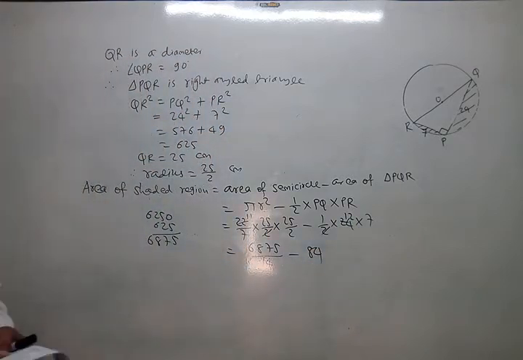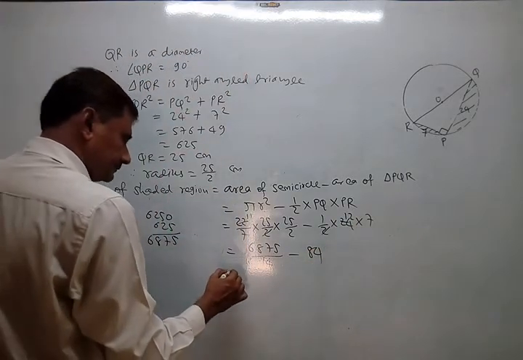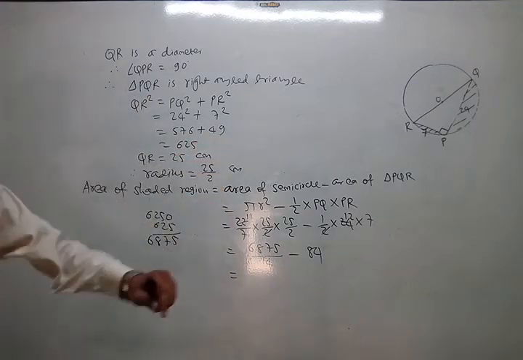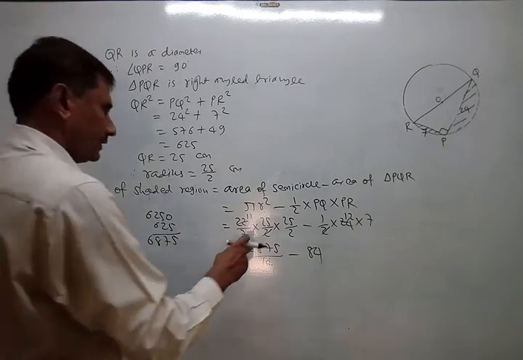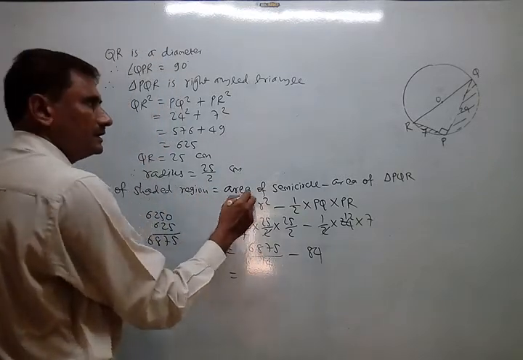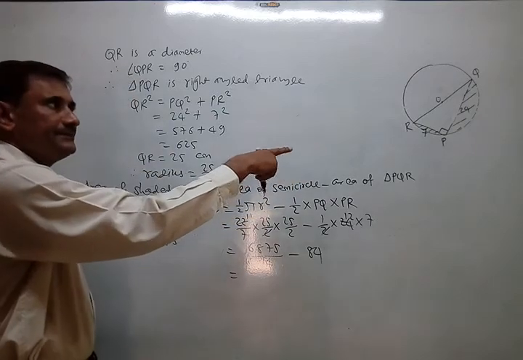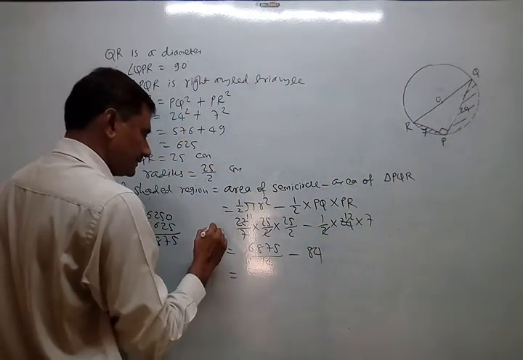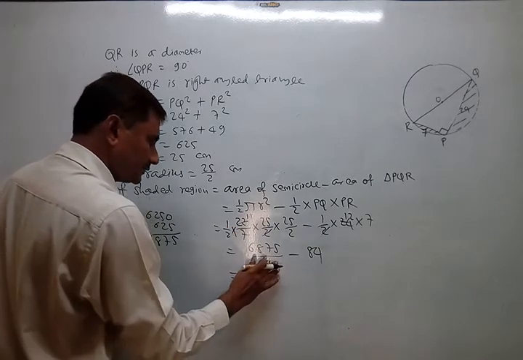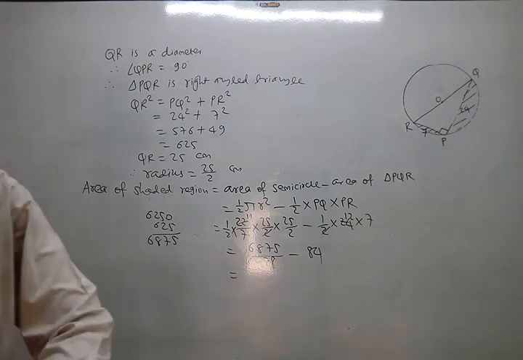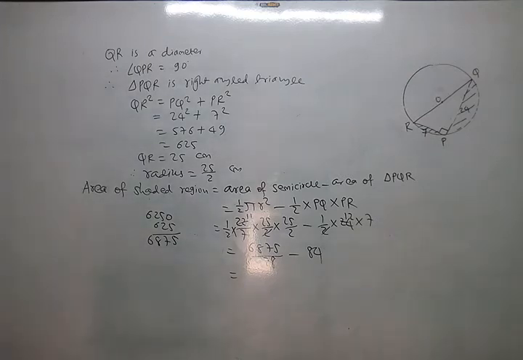Now just half pi r square, sorry, half pi r square. Why? Because we want to find the area of a semicircle, not the full circle. So half should be there. So here it is 28. Now just simplify it and find the answer.